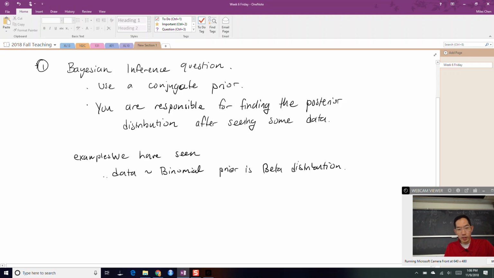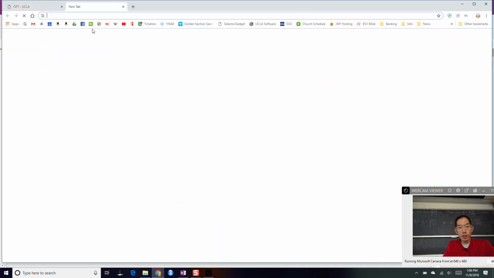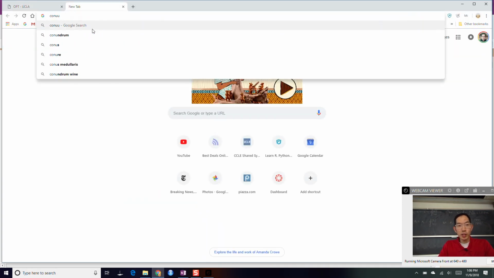So that's been in the lectures. In the homework, you have the data coming from exponential, and the prior is a gamma distribution. Okay, and you can go on Wikipedia and look up conjugate prior.